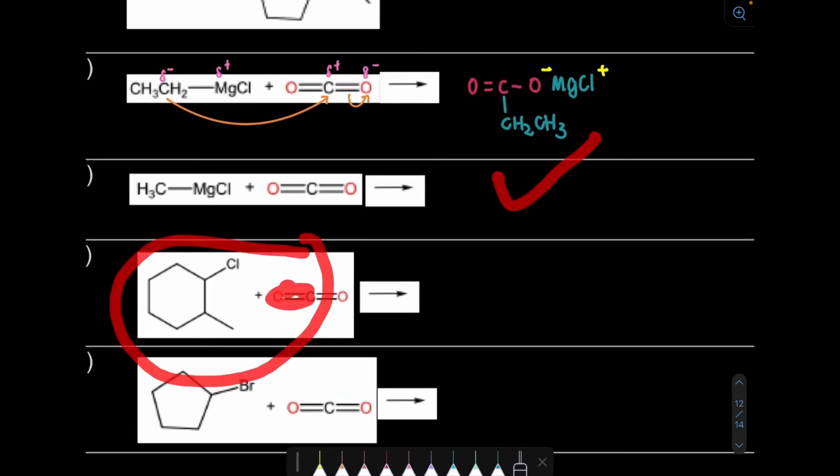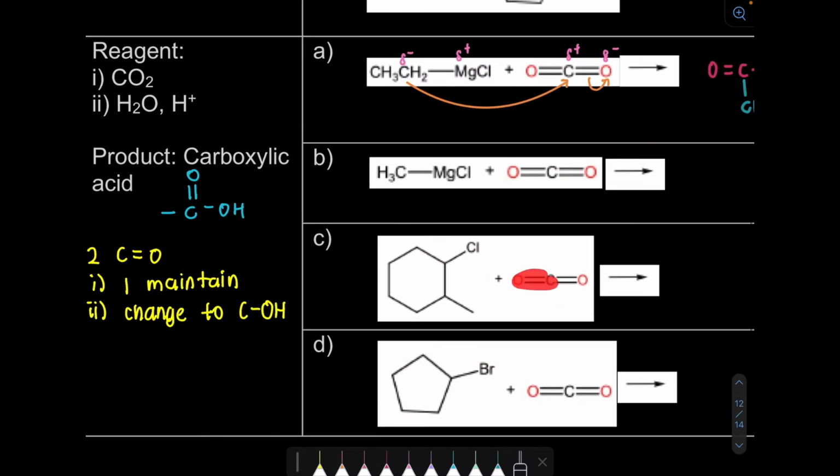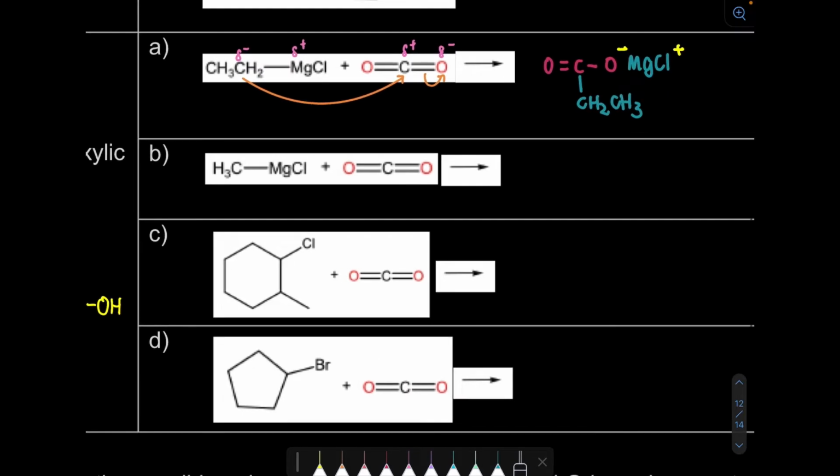So let's look at question C. Okay, again this C double bond O we will maintain. And then this O will become O minus MgCl plus. This carbon will be bonded to the cyclohexane, and the MgCl here is actually MgBr. But on the cyclohexane, if we label it, carbon number 2 has a substituent, which is our methyl.